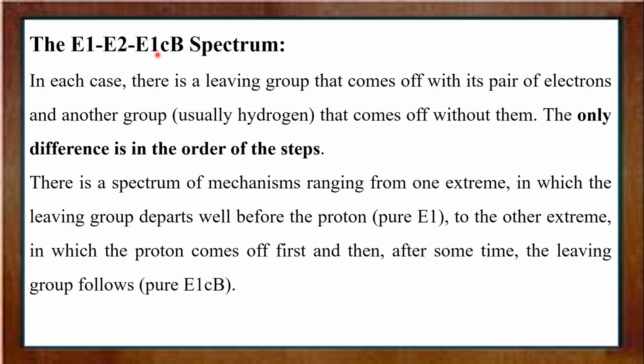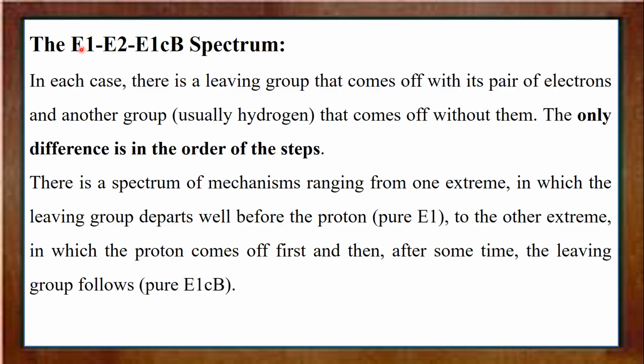The E2 reaction involves the simultaneous removal of the nucleophilic leaving group and the electrophilic leaving group, usually the proton. But the removal is not exactly simultaneous, so the E2 mechanism does not lie exactly at the center of the spectrum between E1 and E1CB.